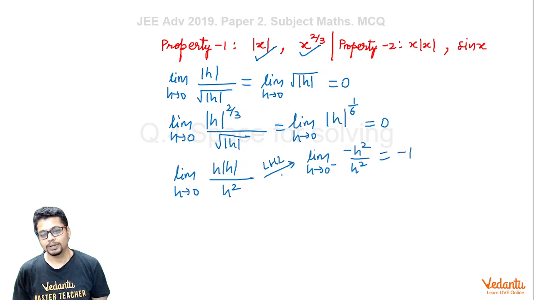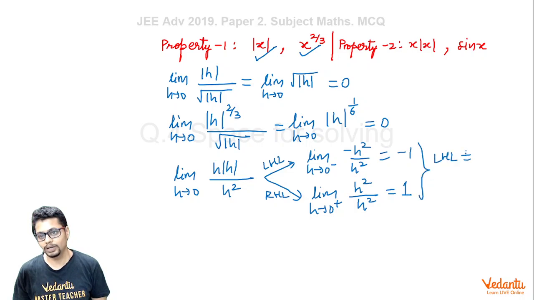This will cancel out. And what about the right hand limit? h tending to 0 from the right, this mod h will open with a plus sign, it becomes h square, the denominator is h square, and this essentially cancels out and it gives 1. So clearly the left hand limit is not equal to the right hand limit, hence the limit does not exist. So this function does not have property 2.